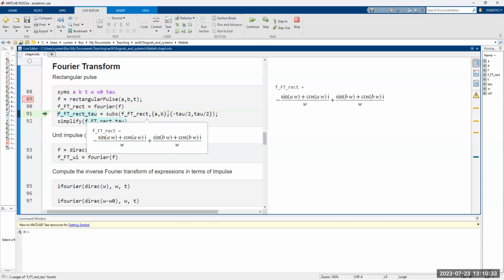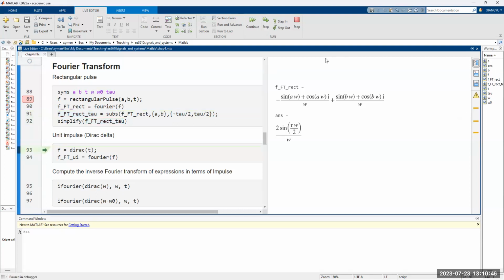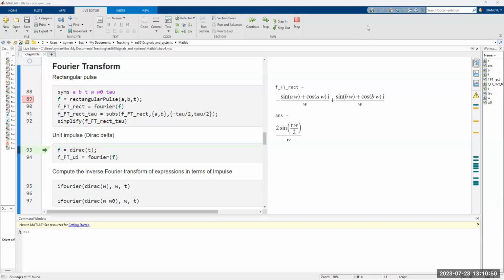Now let's substitute A with -tau/2 and B with tau/2. Then let's simplify the result. See here, this is the result.